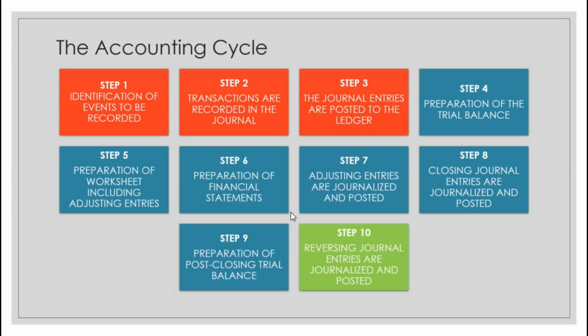So, meaning, usually we'll be preparing the trial balance at the end of the accounting cycle. If you are following calendar year, you will prepare the trial balance by December 31.